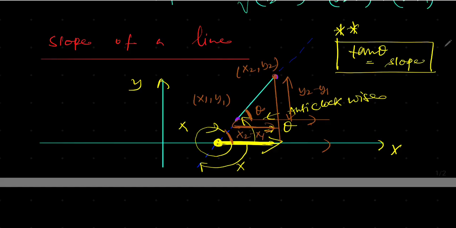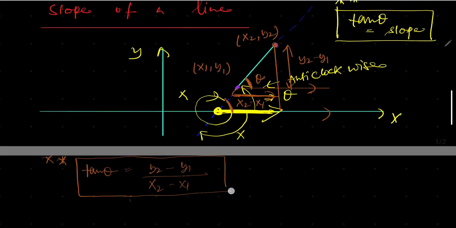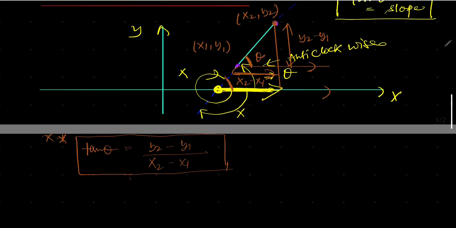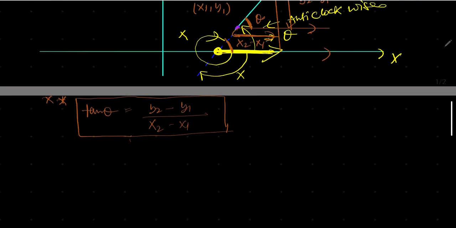I just told you in the last discussion. So tan theta can be written as y2 minus y1 upon x2 minus x1. Great. So this is the formula to determine the slope of a straight line: y2 minus y1 upon x2 minus x1. I hope you understand.